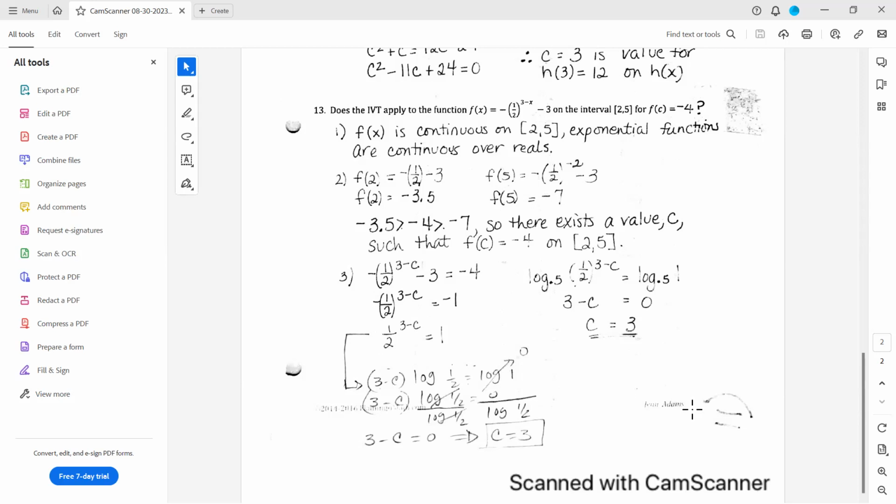Wait, I'm looking, or maybe I'm just... Oh, that's what it is. You need me to plug it in, or are you okay? No, I accidentally wrote down negative parentheses -1/2. Oh, yeah, that'll be an issue.